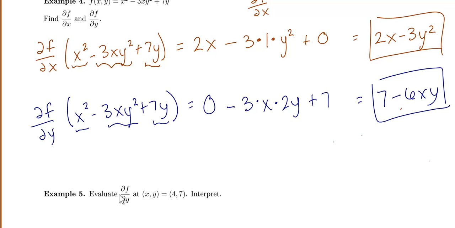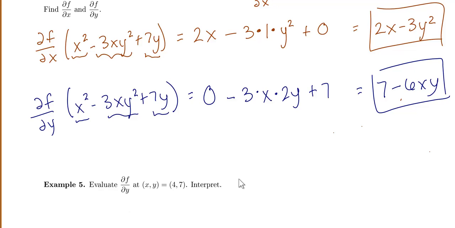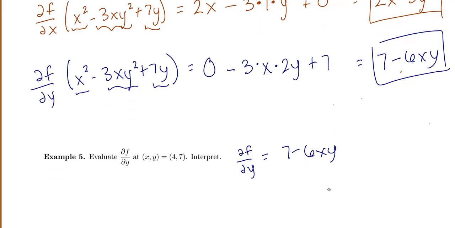So for example 5, continuing on, let's evaluate the partial of f with respect to y at x, y equals (4, 7). So let's just remind ourselves the partial of f with respect to y equals 7 minus 6xy. Okay, so what we want to do now is just plug in our points x and y.